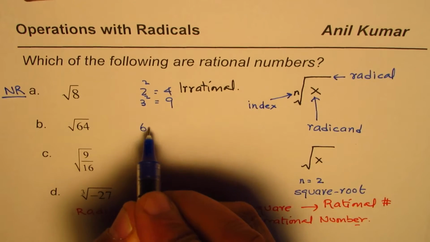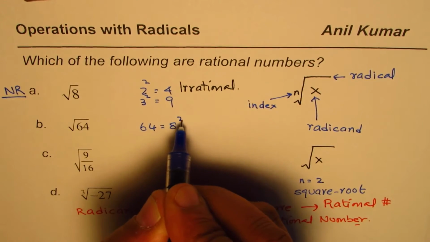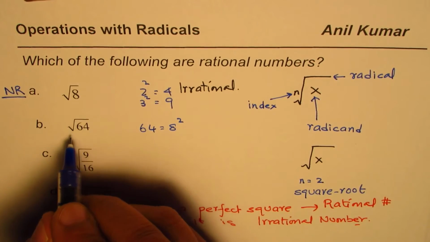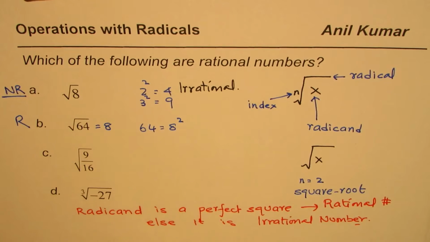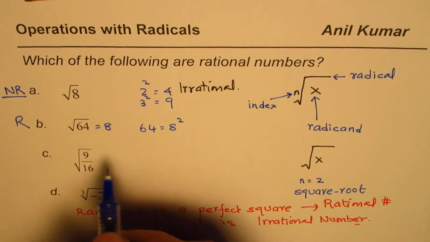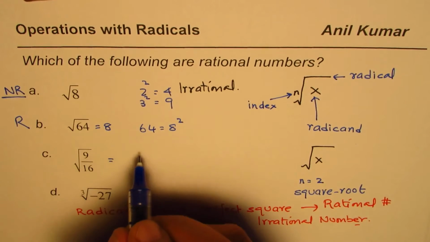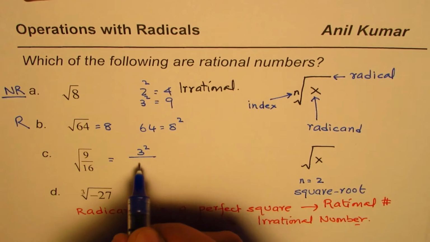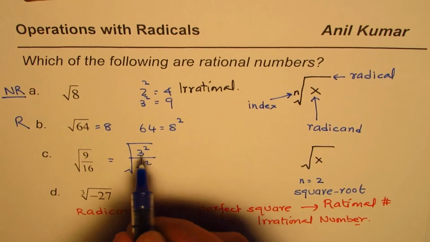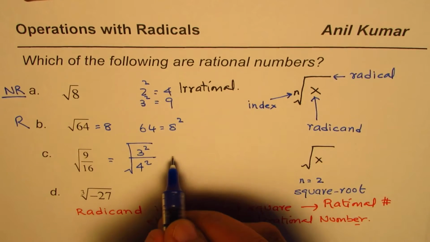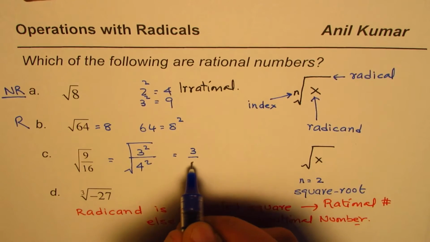64. 64 is 8 square, right? Therefore, square root of 64 can be written as 8. So this is a rational number. 9 over 16 could be written as 3 square over 4 square, square root, correct? Both of them are perfect squares, and we could write this as 3 over 4.